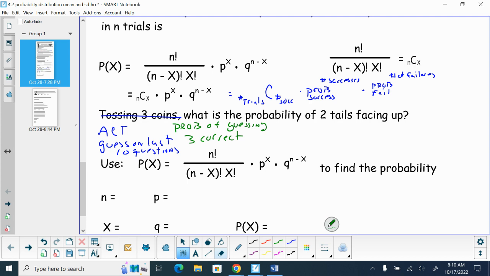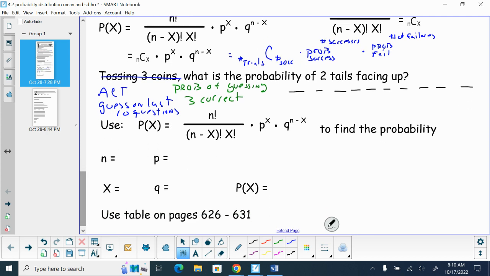Well, if we took a look at blanks, we've already established there's 5 options here. If we take a look at what we're doing down at the bottom, N is 10, we have 10 questions, and we want to guess 3 correct.